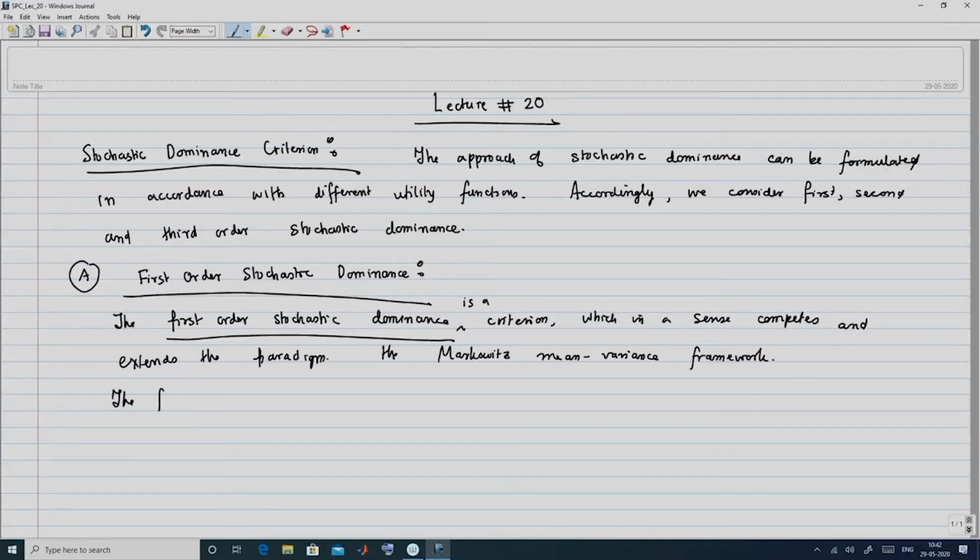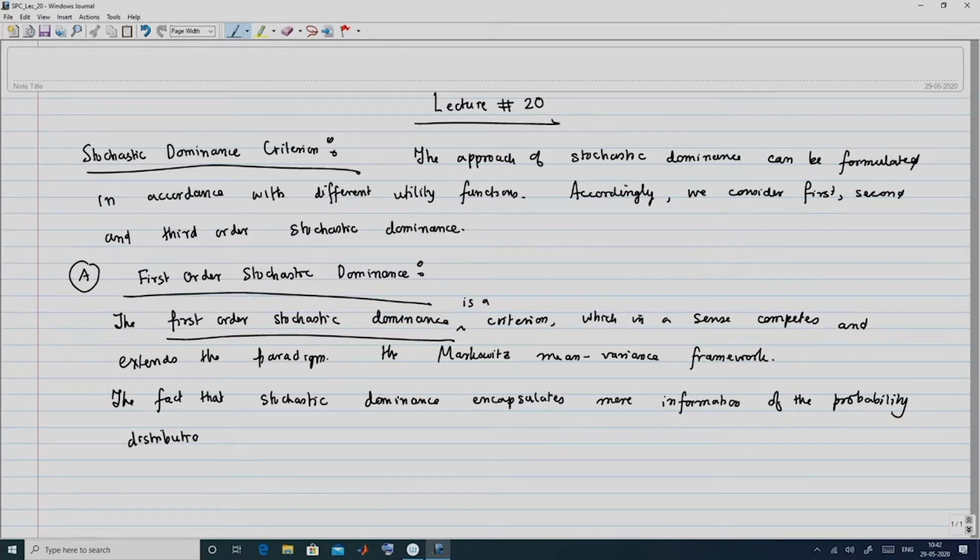Okay, so the fact that stochastic dominance encapsulates or captures more information of the probability distribution instead of only focusing on the mean and variance.